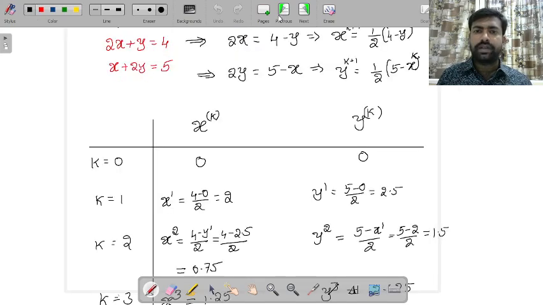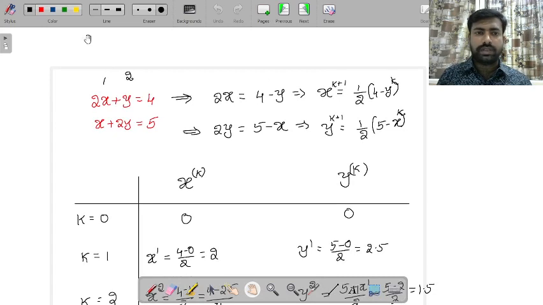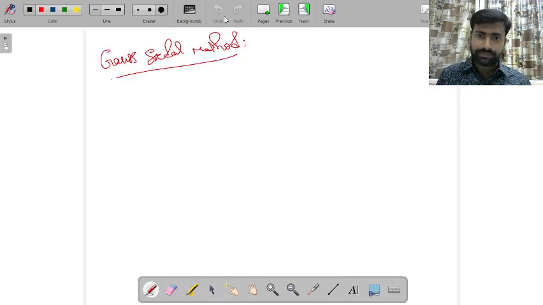Here the only difference is that in the Jacobi method, you are calculating all the xk's, and then you are substituting them to get xk plus 1 and yk plus 1 and all. But in the Gauss-Seidel method, if you get the new x1, we will use the new x1 to find the new y1.